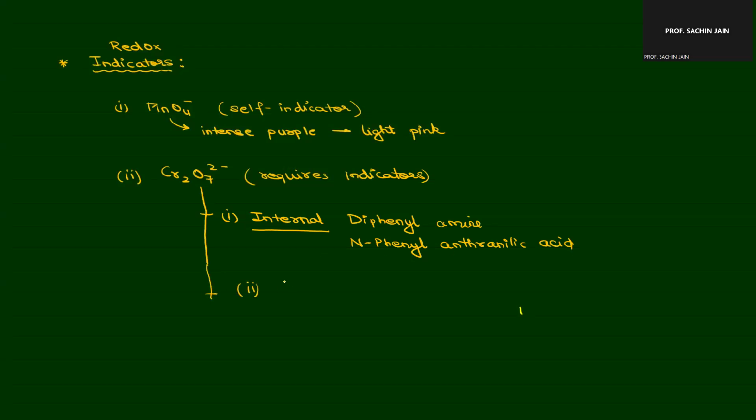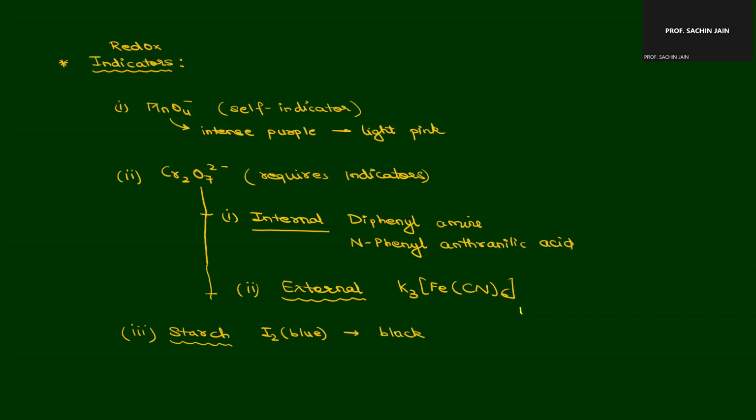And secondly, when we talk about external indicators, we have the example of potassium ferricyanide with the formula K3Fe(CN)6. And for the reactions involving iodine, we use the starch indicator, where the blue color of the iodine changes to black or brownish black. So that is mainly used for the iodine reactions.